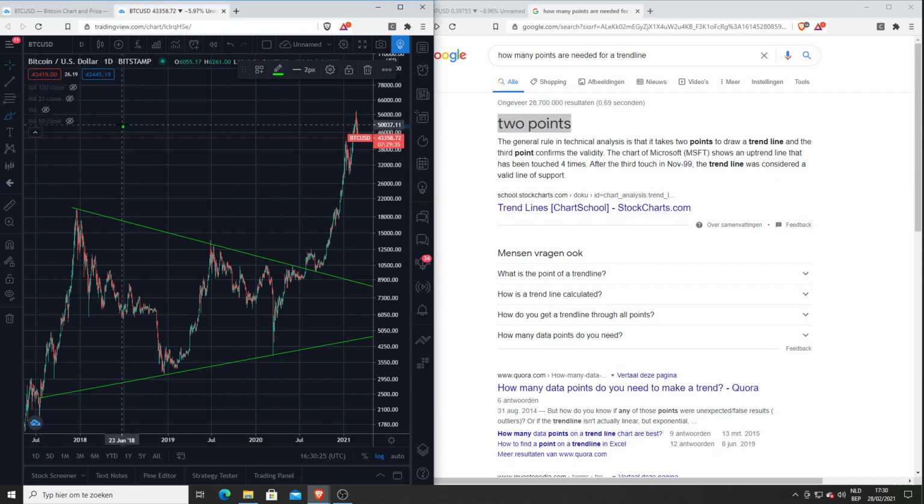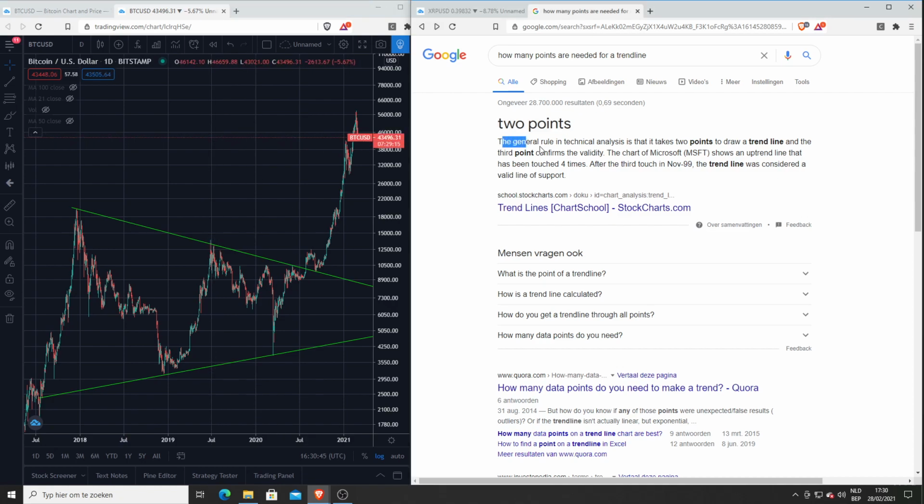If I draw 2 points on a chart and just connect these 2 points, you have a trend line. That's basic mathematics, okay? Then the definition says the general rule in technical analysis is that it takes 2 points to draw a trend line, and the third point confirms the validity.